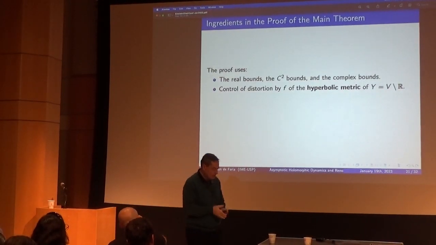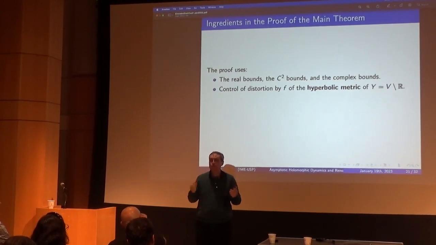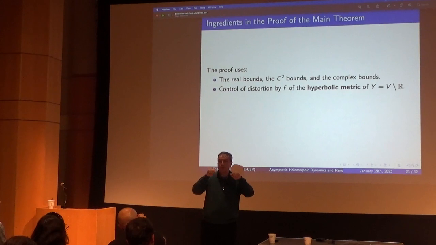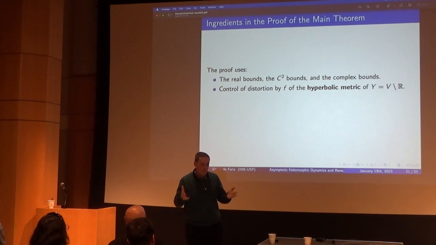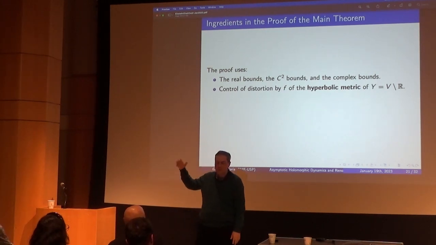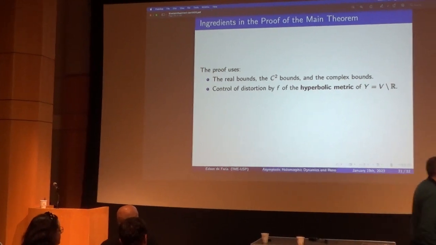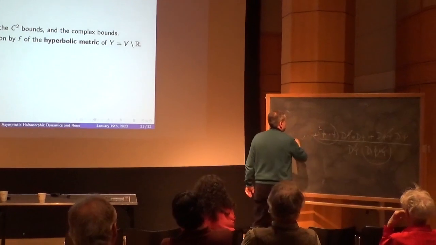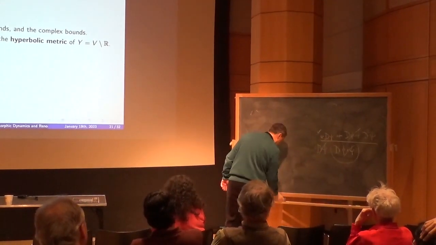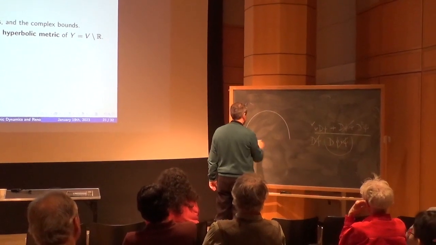Suppose you have an actual holomorphic map which is polynomial-like, and you would like to show that every periodic point in the Julia set is expanding, is repelling. Of course, you could use Montel's theorem, blah, blah, blah, but that's the wrong way to do it. The right way to do it is to use the following principle, which I also learned from Dennis.